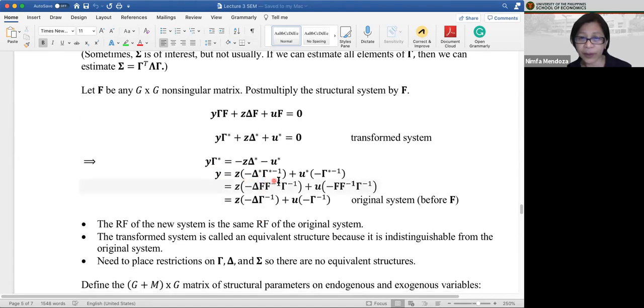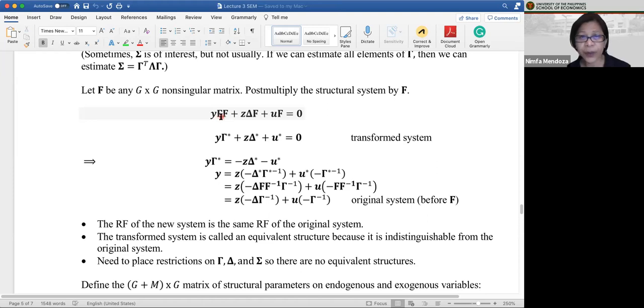Okay, so we just use the old trick as before. So we get this expression, this line, okay? And then for this line, I just substitute the expressions for the star variables. So delta star is delta F. Lambda star inverse is just the inverse of lambda F. So that is F inverse lambda inverse.